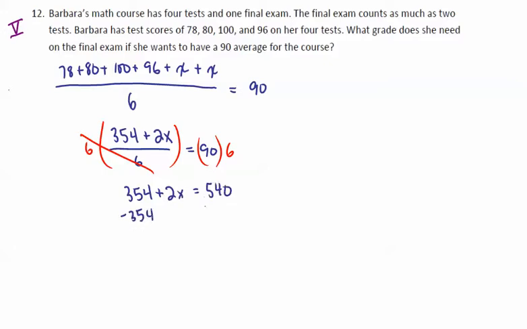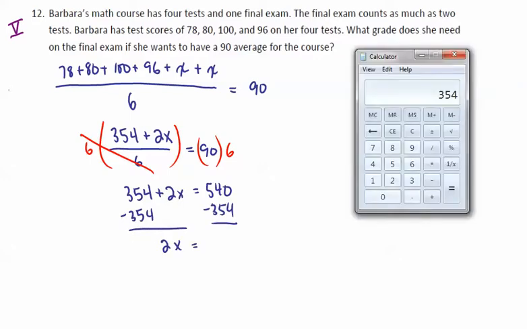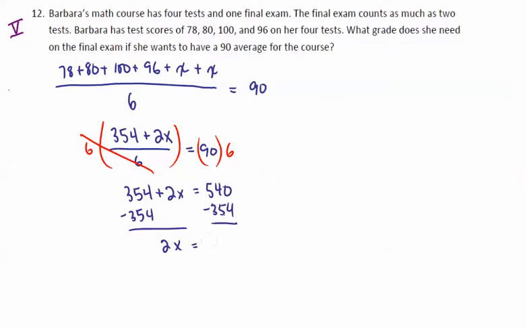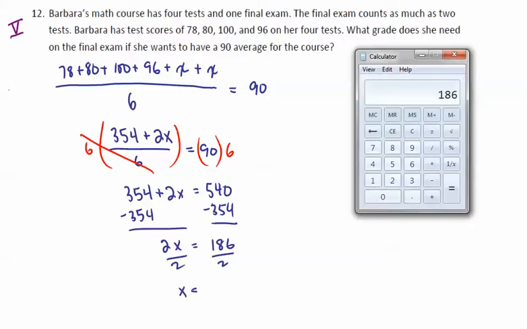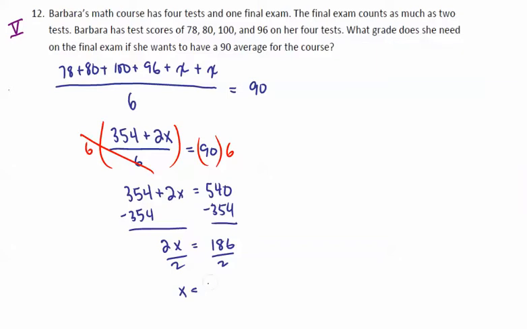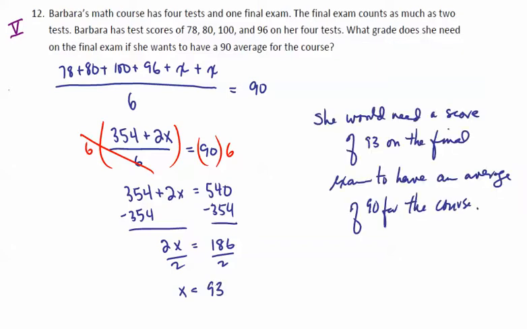Subtracting 354 on both sides would give us 2x is equal to 540 minus 354, or 186. So that x would have to equal 186 divided by 2, which is 93.